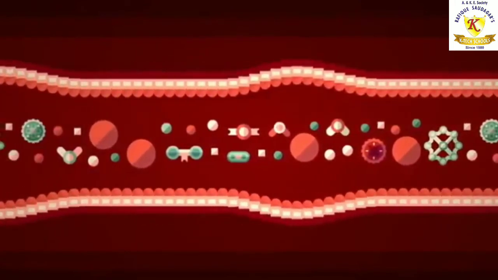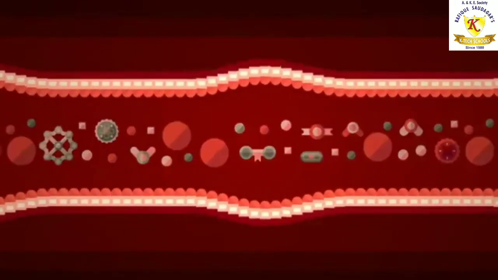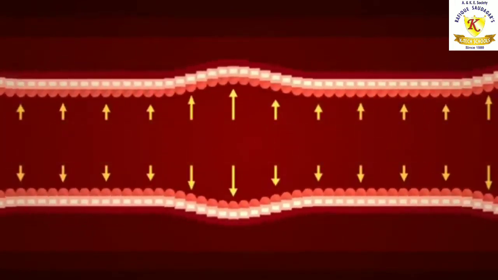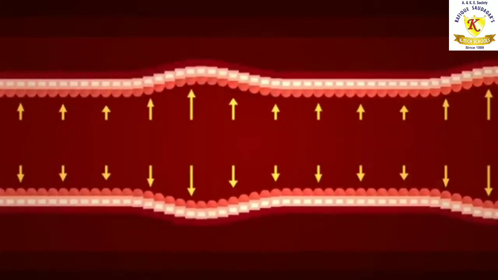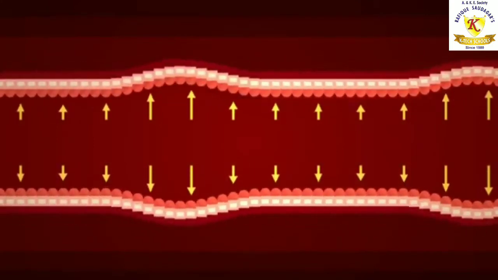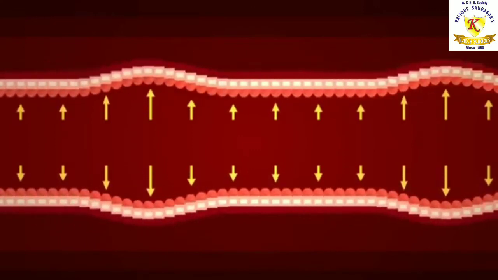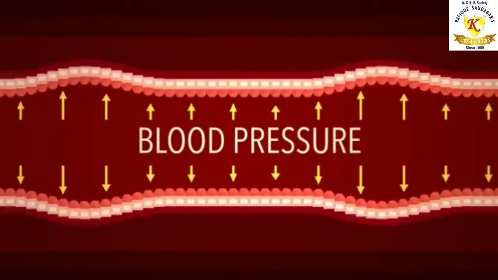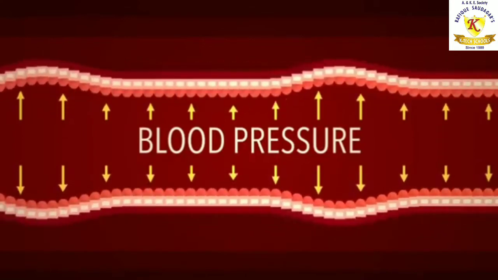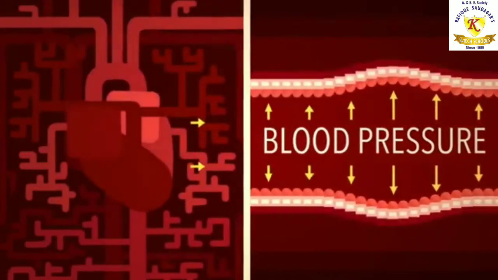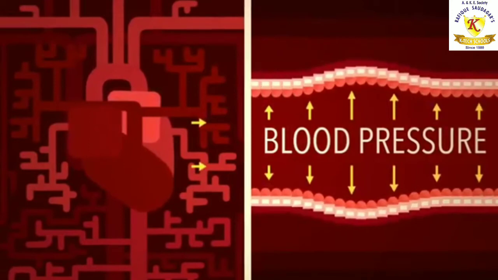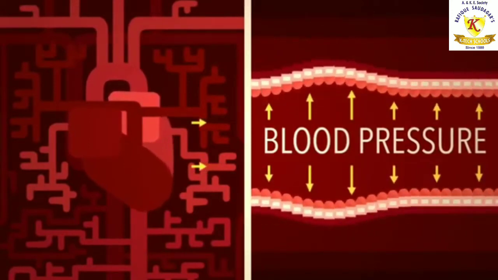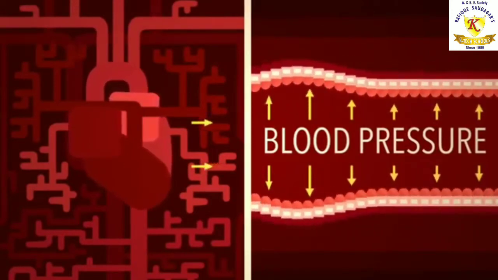All that blood exerts a force on the muscular walls of the blood vessels, and that force is called the blood pressure. It rises and falls with the phases of the heartbeat.